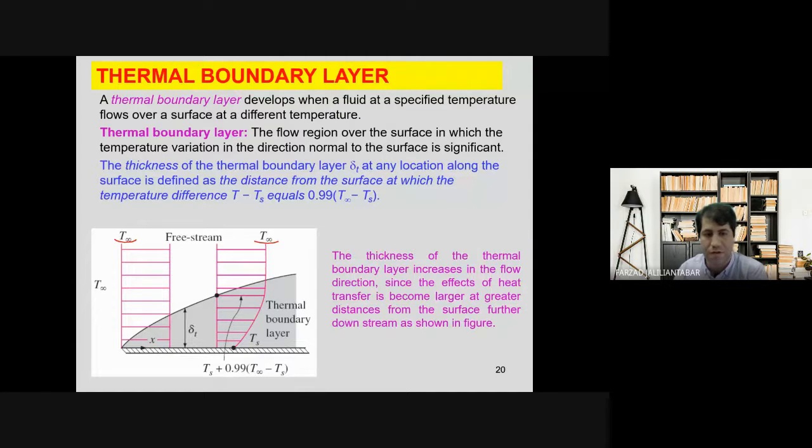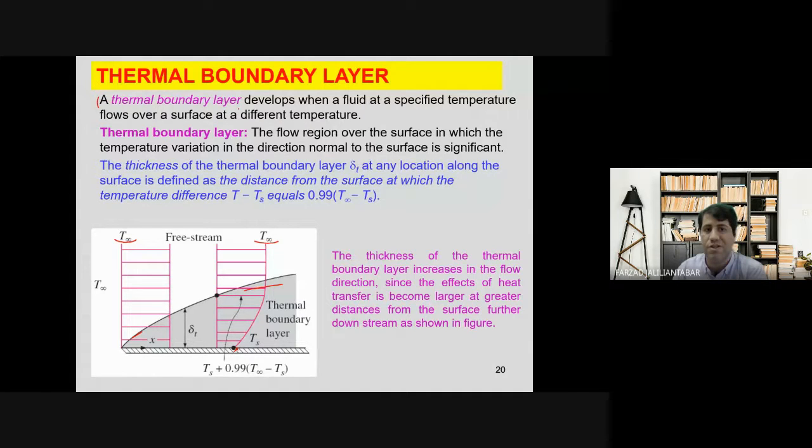Near the surface, the temperature of the fluid is almost the same as the temperature of the surface. Now, far from the surface, the temperature will be the same as the uniform temperature which we had before. And this layer, delta sub T, is called the thermal boundary layer.